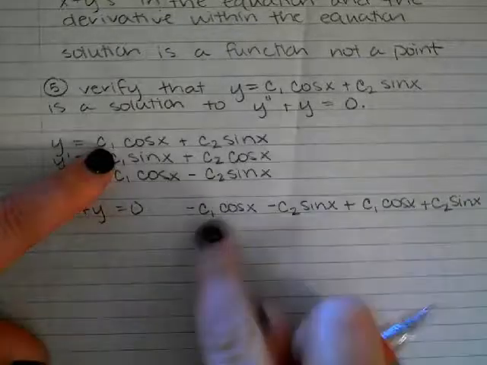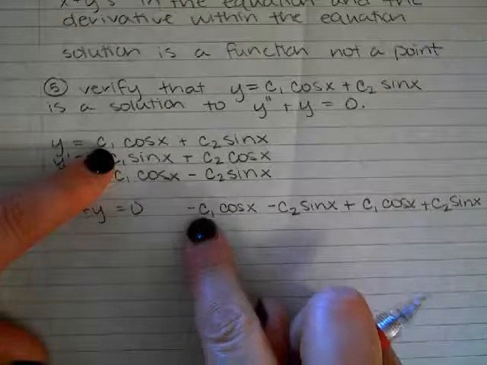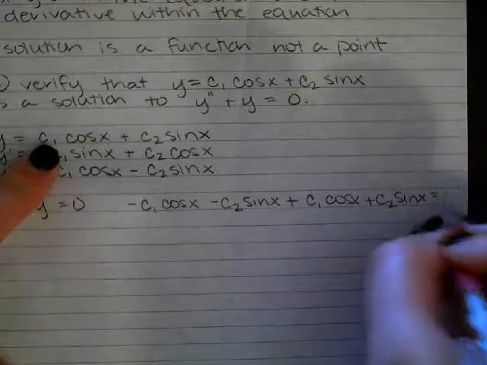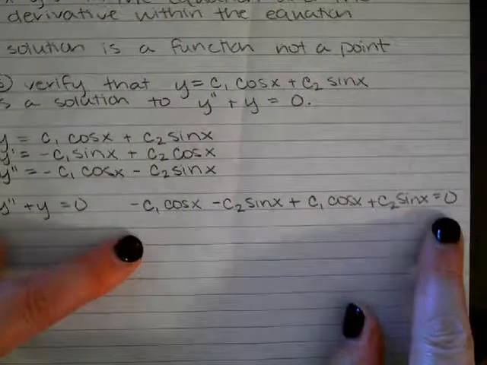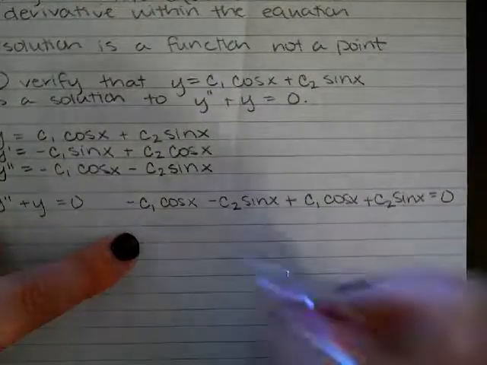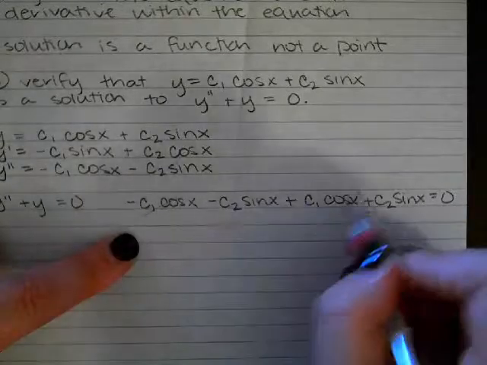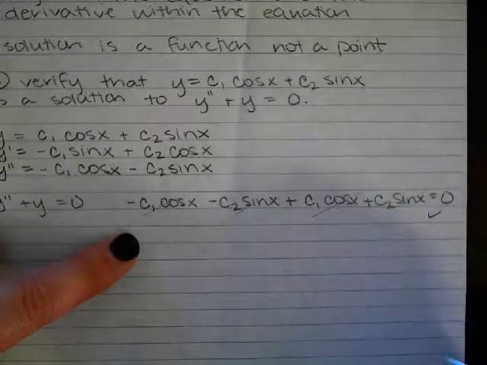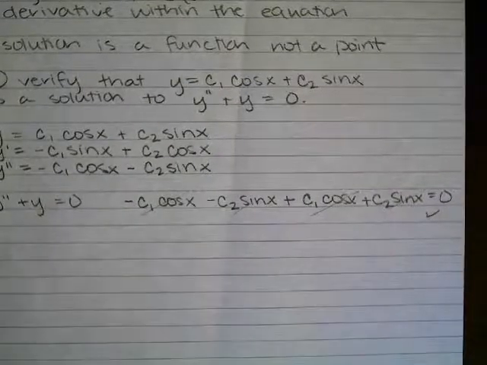So this is y double prime plus y equals 0. And is that true? Yeah, so this one cancels with this one, and this one cancels with this one, and that is true. So we proved it.